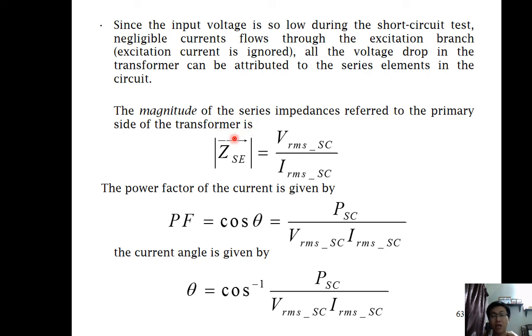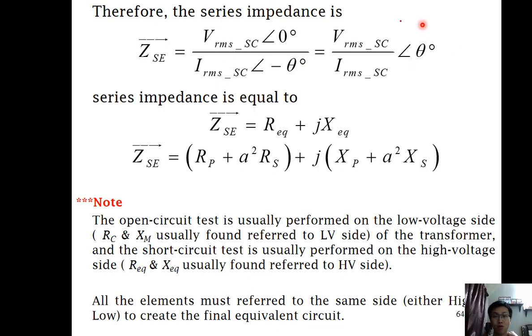Then, just now we wanted to find Y. Now we want to find Z, but we remember we need to put it as Z short circuit, here it is put as Z secondary. Maybe it is series impedance referred to the primary side. So Z is V over I, the power factor is the same, P short circuit divided by V times I. Next we'll put it into polar form.